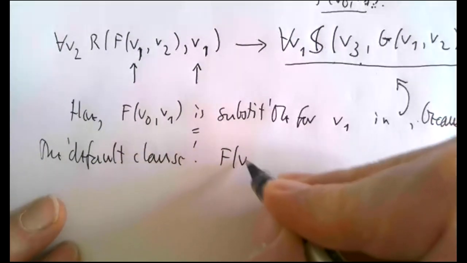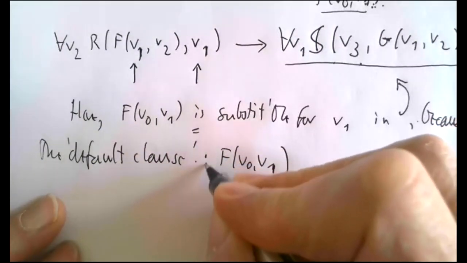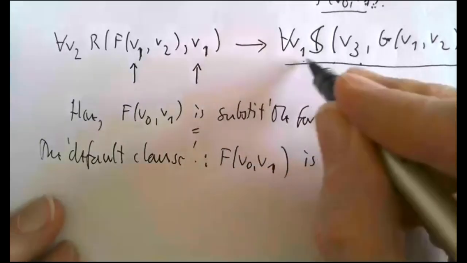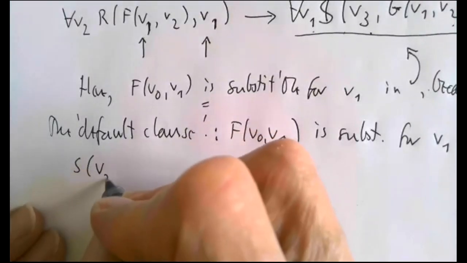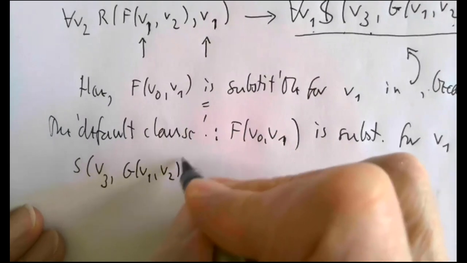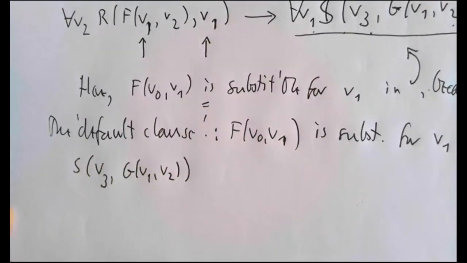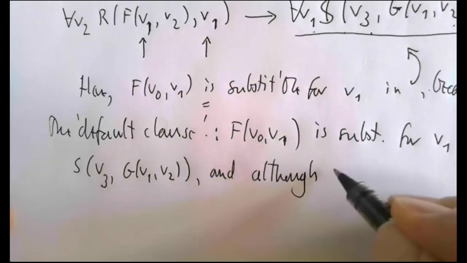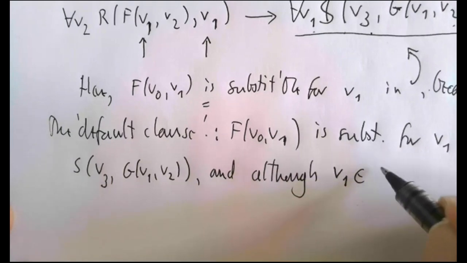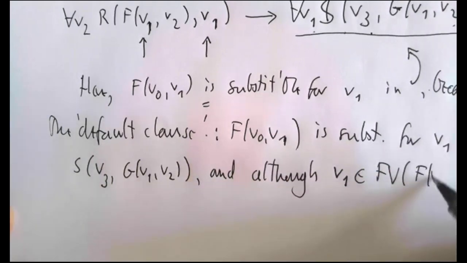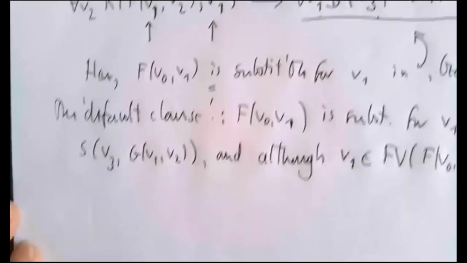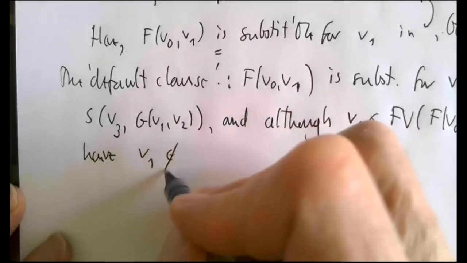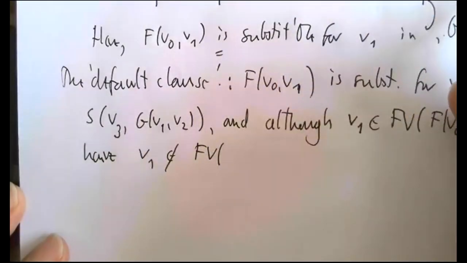This is because f of v0, v1 is substitutable for v1 in the underlying formula. Although v1 is one of the free variables of this, v1 is not one of the free variables of the whole formula.